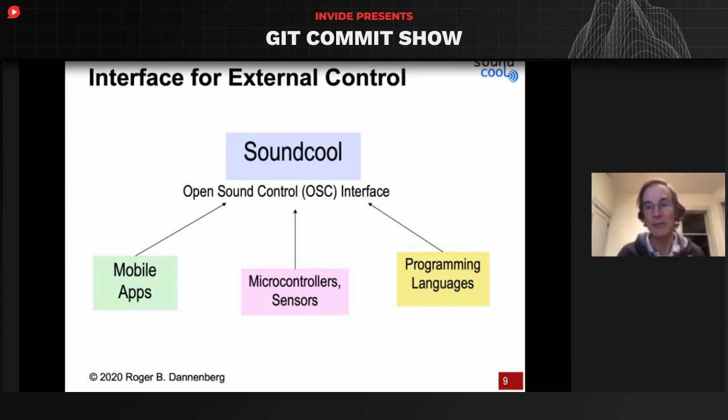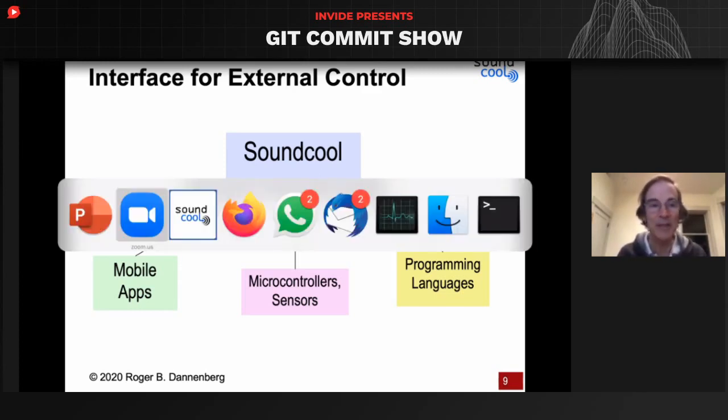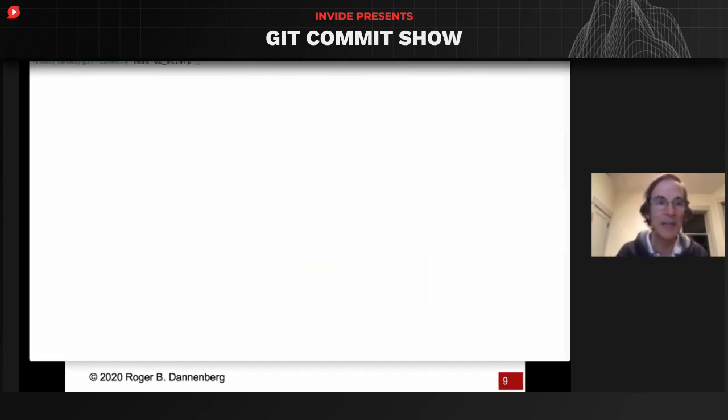And the third thing is programming languages. With any external programming language, you can generate the same kind of control that we control with these apps. And I wanted to show you one simple example of that.